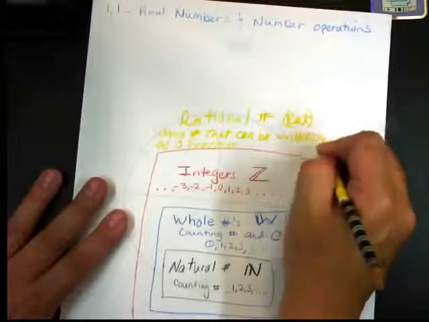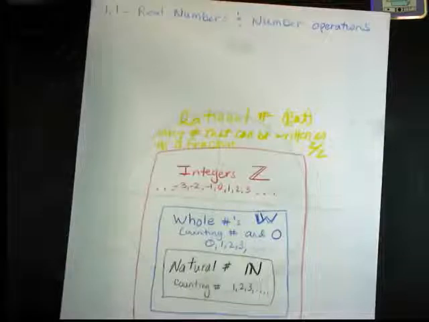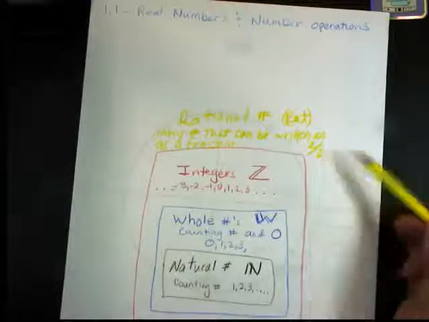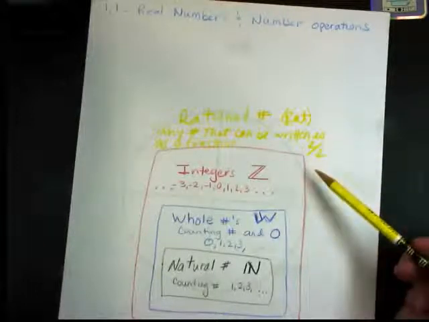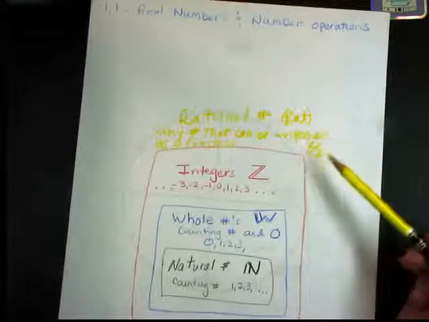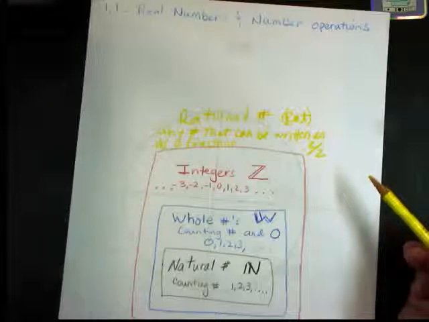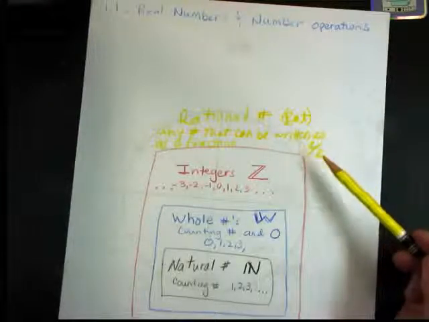So some integer divided by another integer. Now those are Z's, even though they kind of look like 2's. And 2 would be an example of 2 over 1. Negative 5 over 1. 0 over 3. That does not matter too much. But the rational numbers is any number that can be written as a fraction.